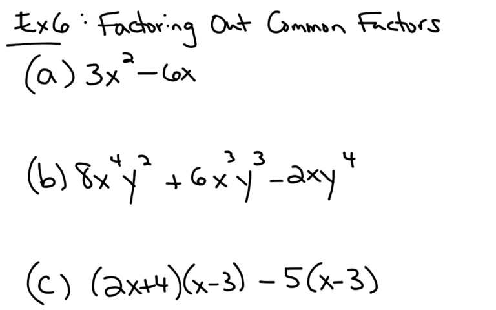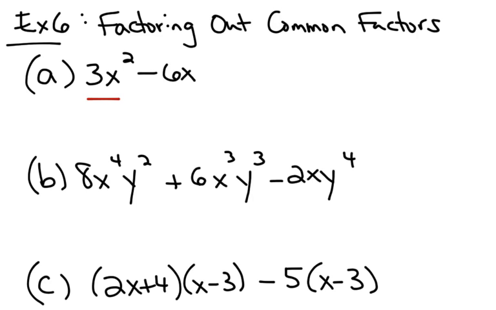Factoring is one of the more difficult processes we go through because there isn't just this one special way of factoring and it works every time. There are different things we have to look for. So one of the first things we probably learned how to factor was something called the greatest common factor. When I am looking to factor polynomials, I always look for a greatest common factor first.